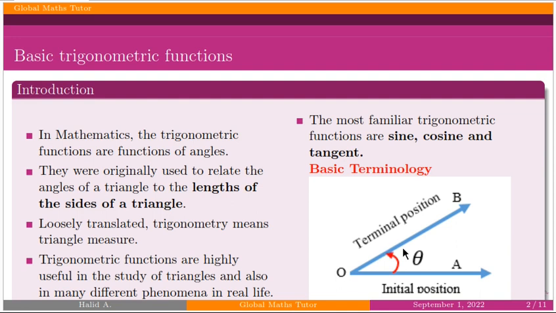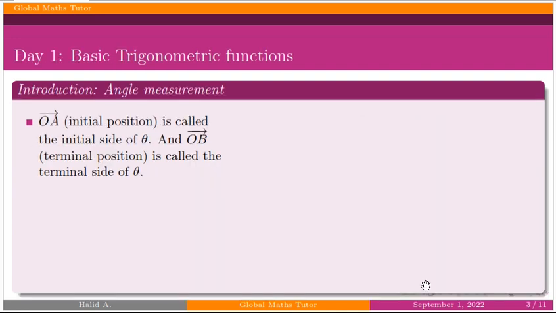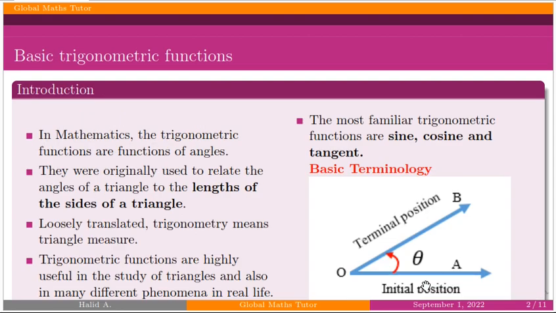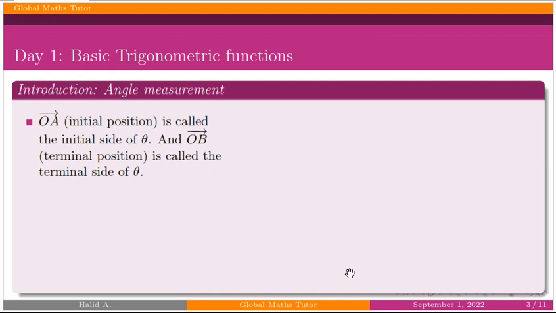For any given angle, it has an initial position and a terminal position. The initial position is the starting position, while the terminal position is the ending position. So in our case, OA is the initial position, while OB is the terminal position.